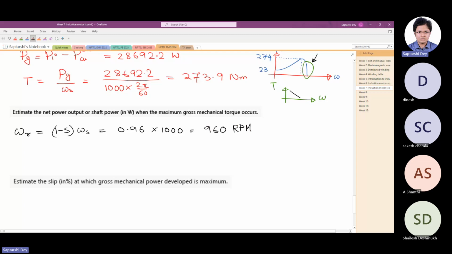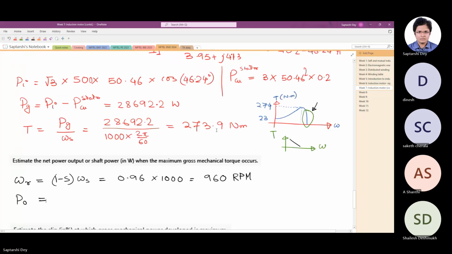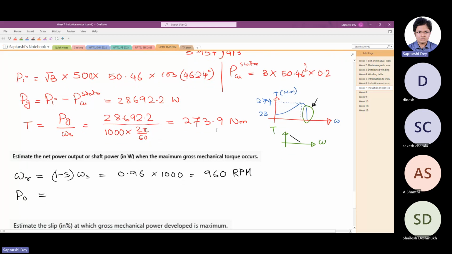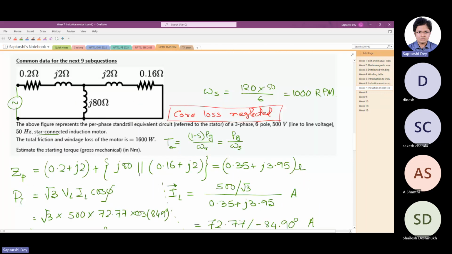We have to find out how much is the power output. The power output is the gross power we have just found out. So power output is (1 minus s) times PG minus friction loss. Friction loss is given, I think 1600 watt is given.